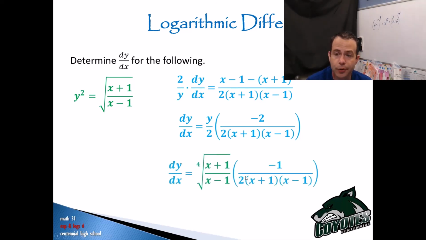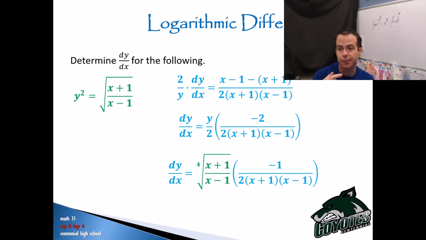Okay, so now when I go to clean this up, think about this for a sec. On top here, I have (x plus 1) to the 1/4. When I divide powers of the same base, I can subtract the exponent. So 1/4 minus 1, because this term has an exponent of 1 right here, that'll be -3/4.